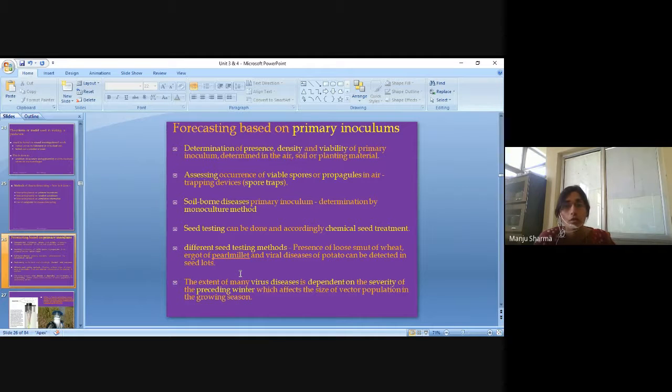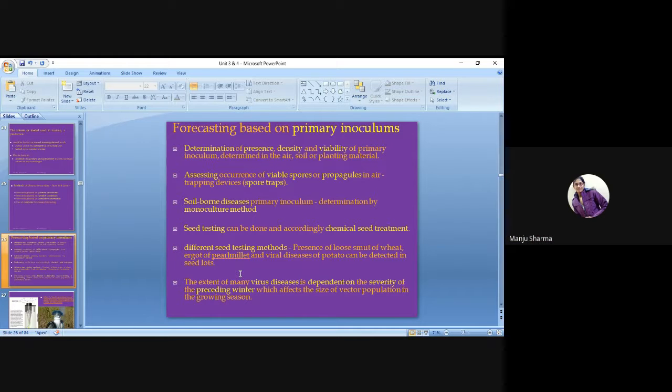Assessing occurrence of viable spores or propagules in air trapping devices that are called spore traps. Next one is soil-borne disease.